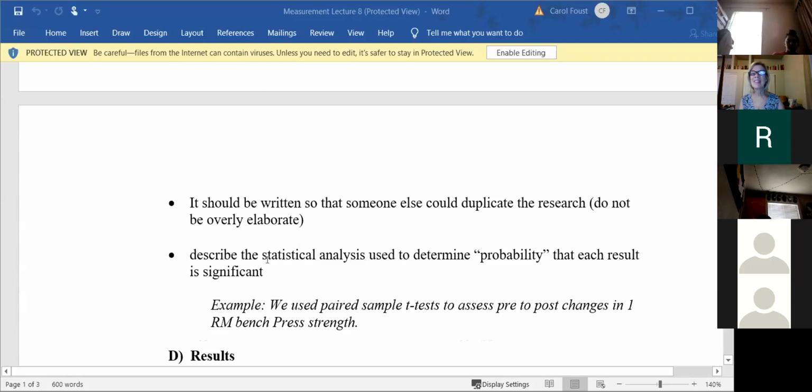So I would say in my methods section that a correlation test will be run, and a regression equation will be determined if the correlation is appropriate or high enough.